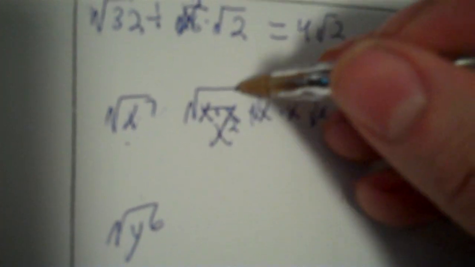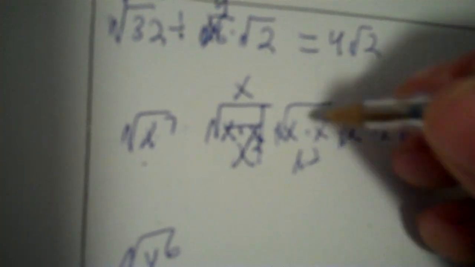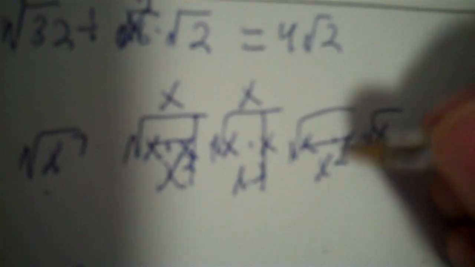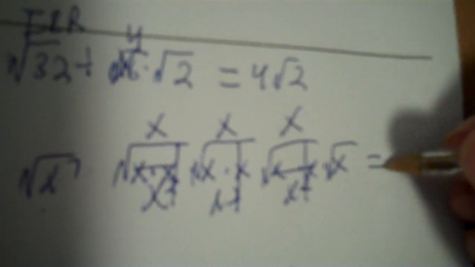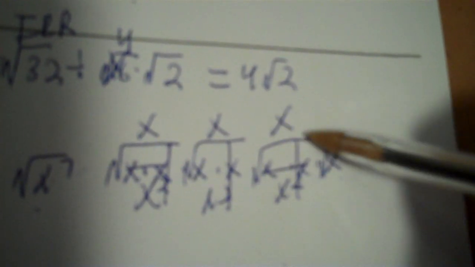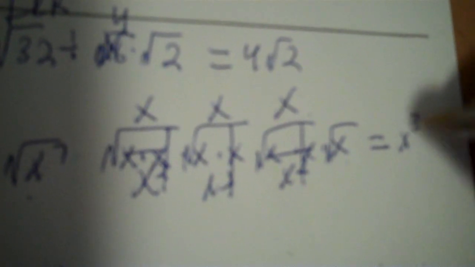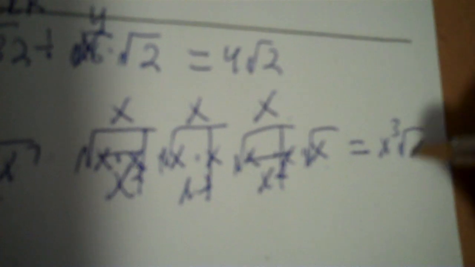The reason we do that is x times x is x squared, but then the square root and the second power cancel one another out, and that gives me x. The square root of x squared is x. So at the end we take the x times the x times the x, that's x to the 3rd, and then we put the square root of x beside it. So I'm going to have x to the 3rd outside and x inside.